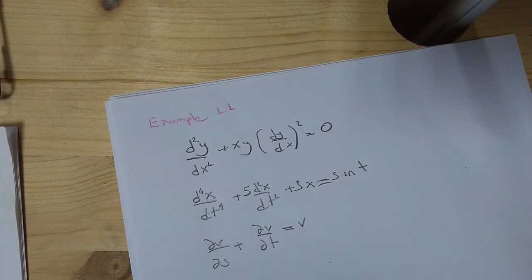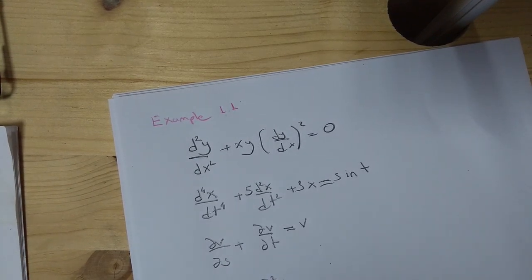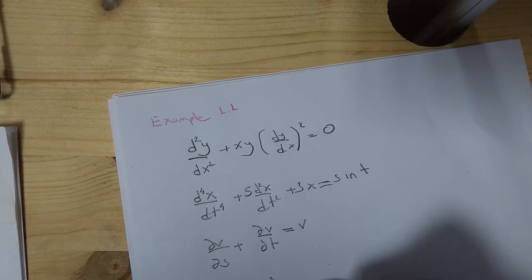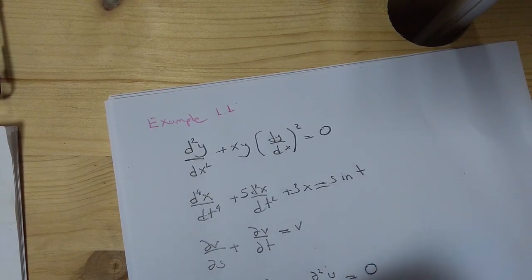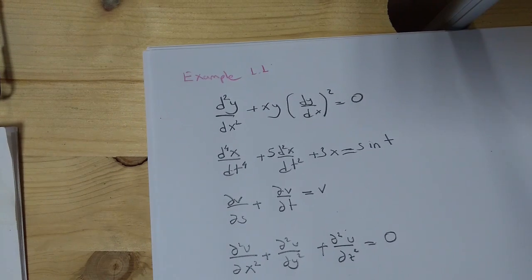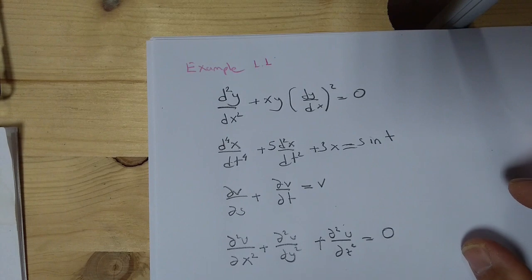And the final one: the second partial derivative of u with respect to x, plus the second partial derivative of u with respect to y, plus the second partial derivative with respect to z, is set equal to 0. So these are examples of differential equations.